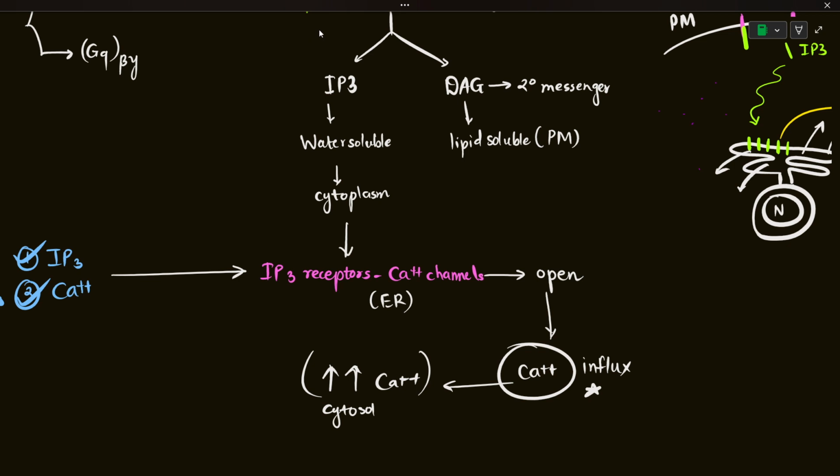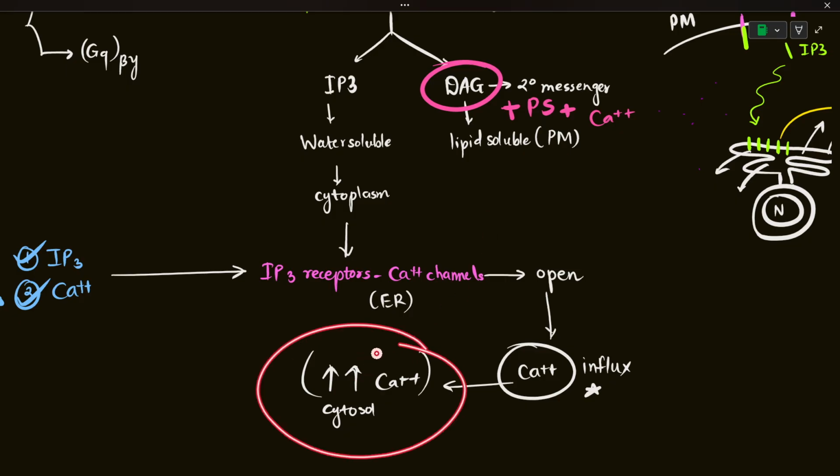Okay, let me just summarize it again. The DAG, which is present on the plasma membrane, plus phosphatidylserine, which again has unequal distribution on the plasma membrane, and the calcium ions, which now have a high level inside the cytosol due to IP3 signaling.